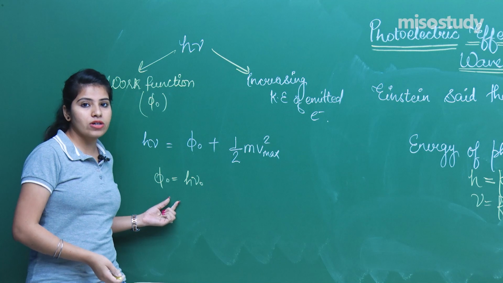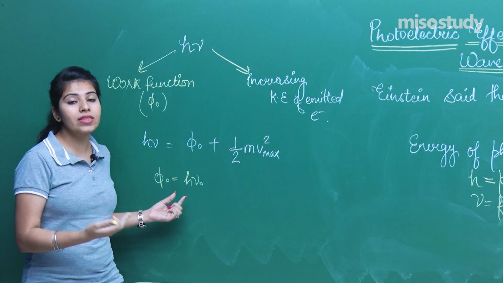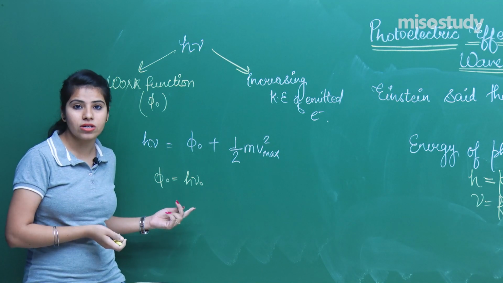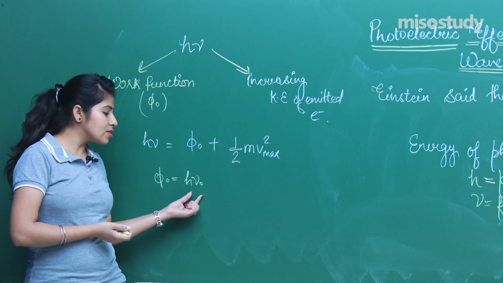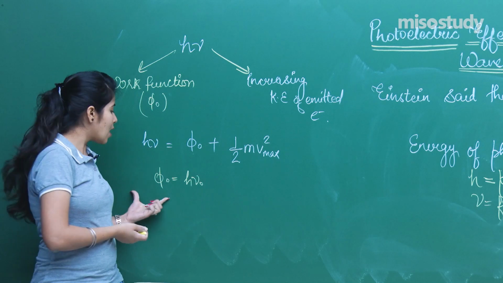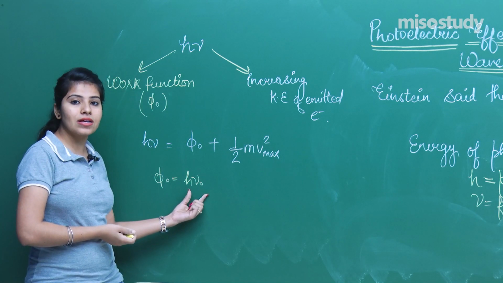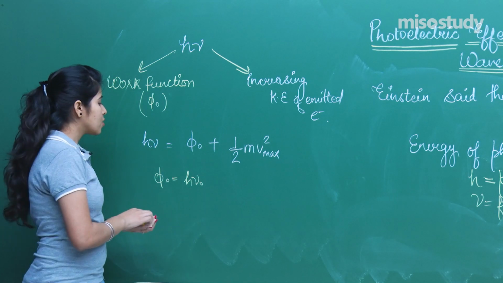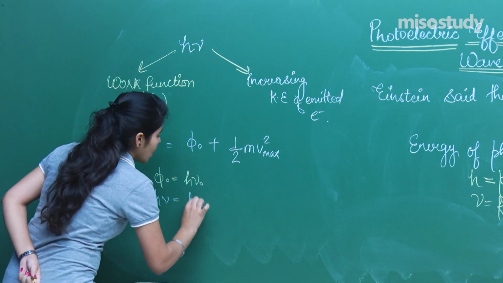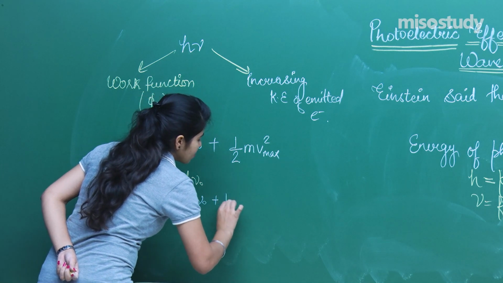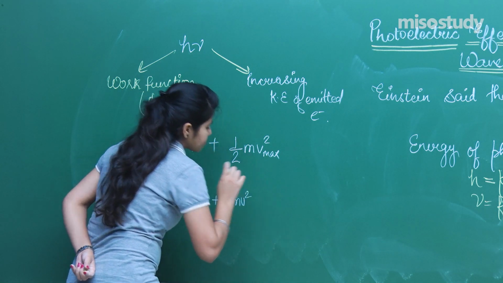phi naught is the work function. We define the work function as the minimum energy. So energy can be written as h into nu naught. Nu naught is the minimum frequency. That is how phi naught is represented as h into nu naught. Now put this value of phi naught over here, we will have h nu equals h nu naught plus half mv square.